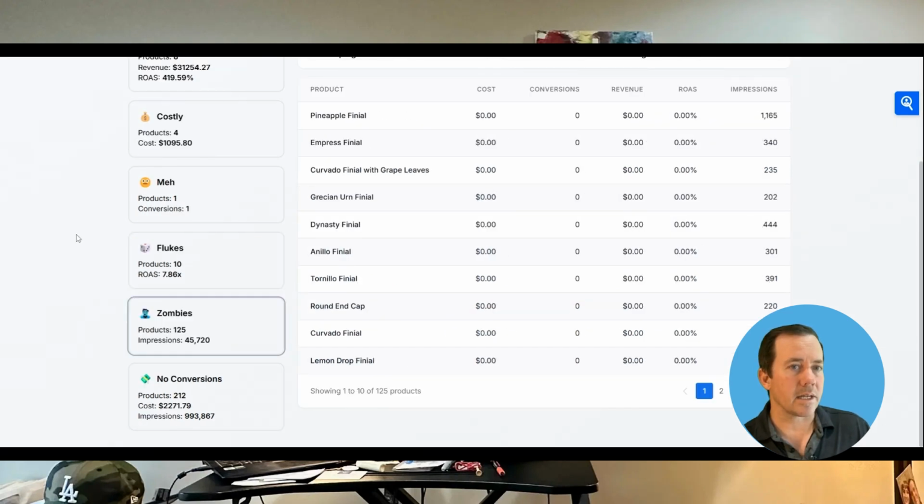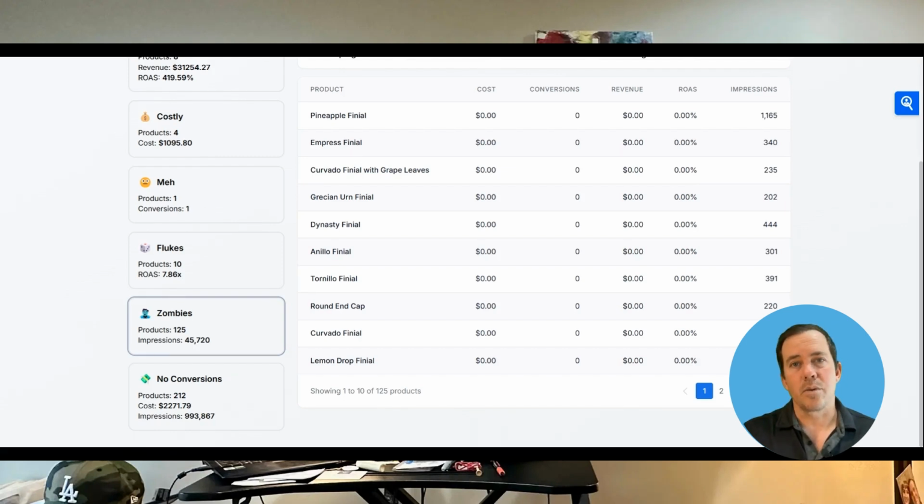Zombies are products that typically do not convert at all. They don't actually get clicks, so they don't cost you money. They're just in there. And then you have products that cost you a lot of money. In aggregate, they don't get any conversions, but some of them could turn into flukes, so you don't want to necessarily turn them off. You can still do all of this yourself, but it should be done routinely to stay up to date on your product performance.